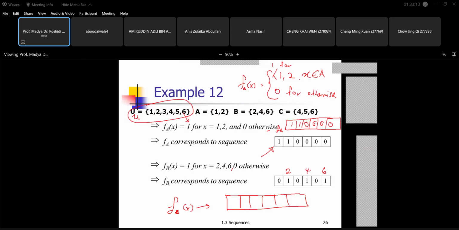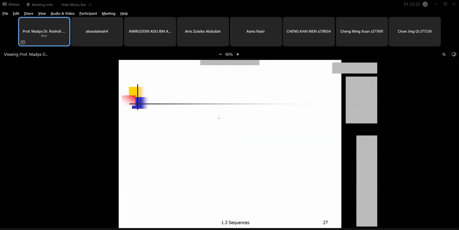So where are locations 4, 5, 6? Here, 4, 5, 6. So we put 1, 1, 1, otherwise 0. That's the idea of computer representation through these locations based on the set.